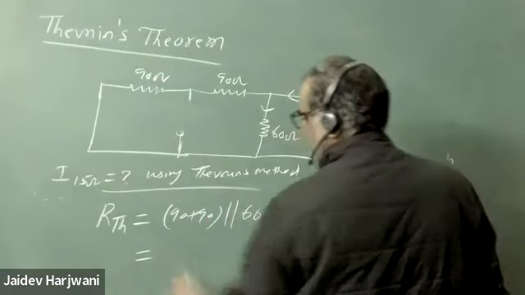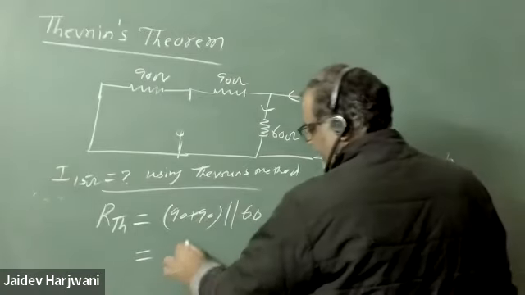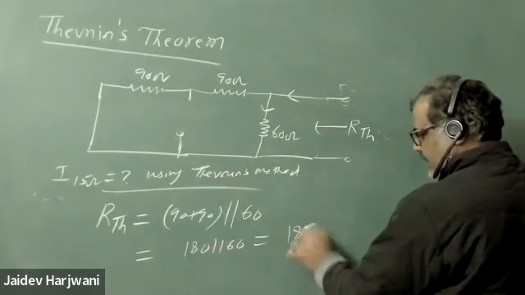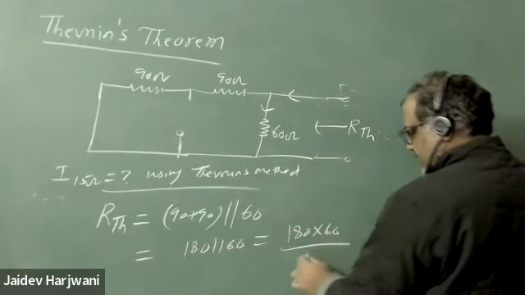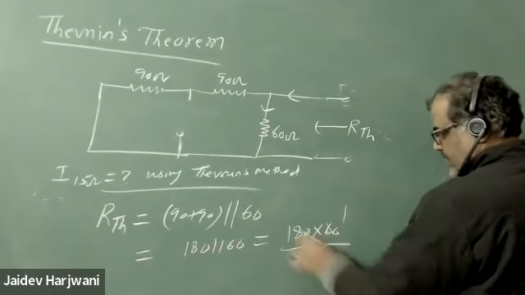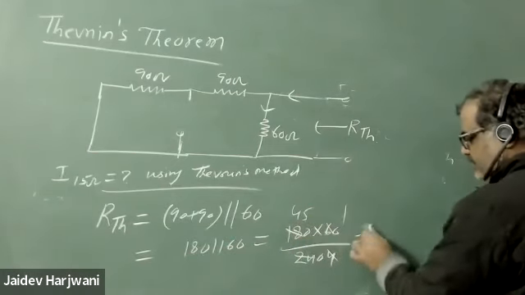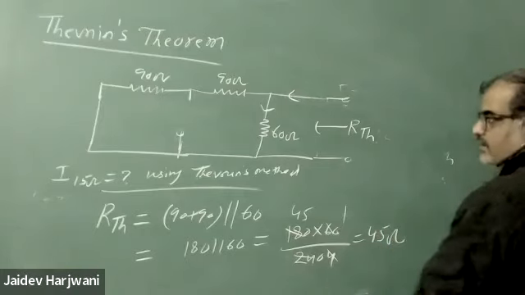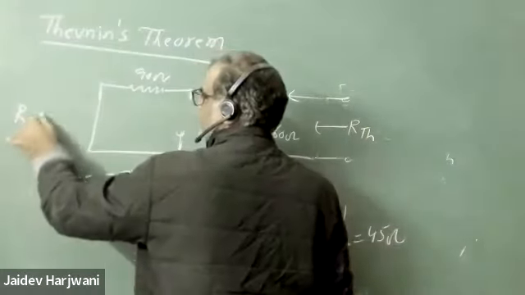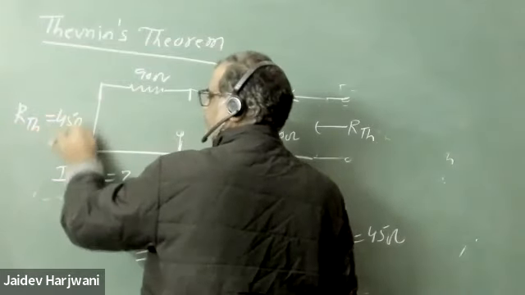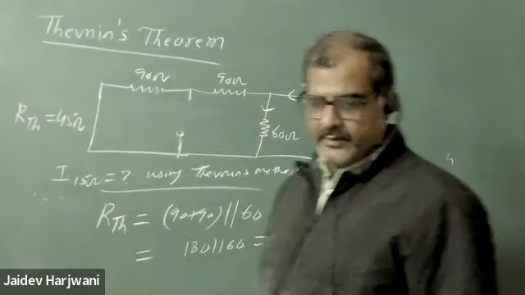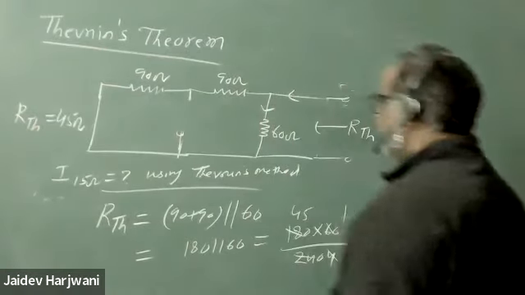So 90 plus 90 is 180, and 180 into 60 upon 240 gives 45. So your RThevenin in this question is 45. I hope all of you are getting this. Now you have RThevenin.